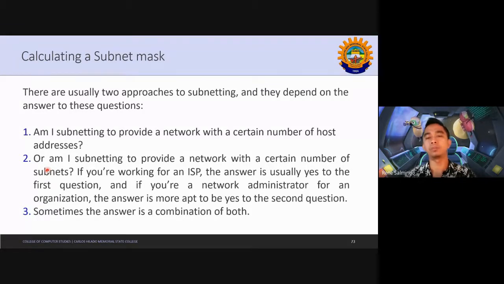That's also why you subnet: to lessen the burden of managing the network. And sometimes, if you have a large and small network organization, the answer would be both. You need to provide networks with a certain number of hosts and a certain number of subnets.